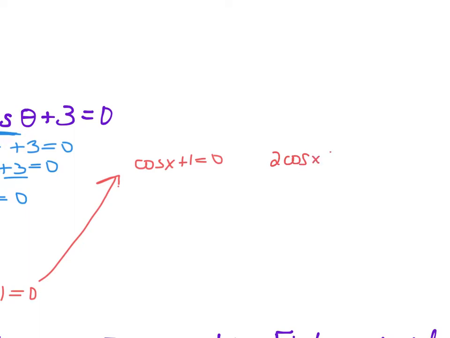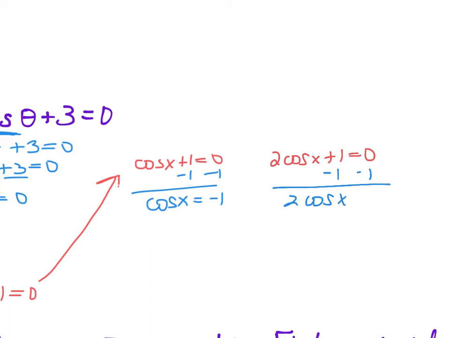Cosine x plus 1 equals 0: subtract 1 from both sides. Cosine of x equals -1. 2 cosine x plus 1 equals 0: minus 1 from both sides. I have 2 cosine x equals -1. I'm going to divide both sides by 2. And I get cosine x equals -1/2.